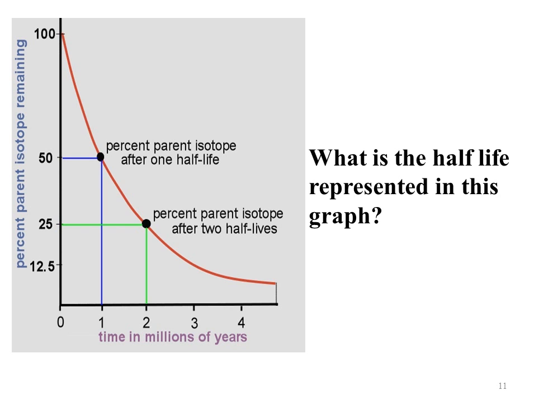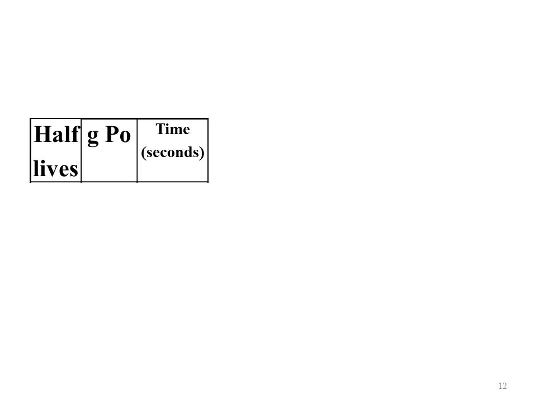So we know that half-life means you have half left. So if this is the percent, over here, what is the half-life of this element? So if you said 1 million years, you would be correct. So 50%, 1 million years.